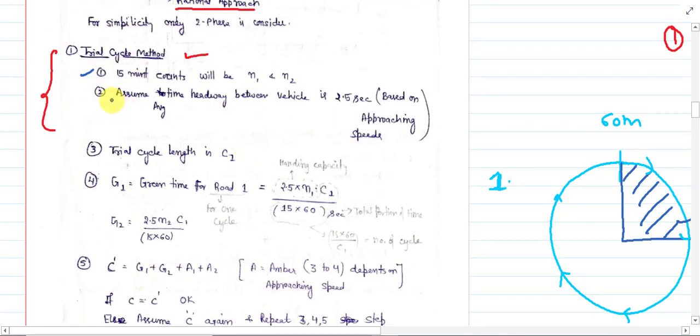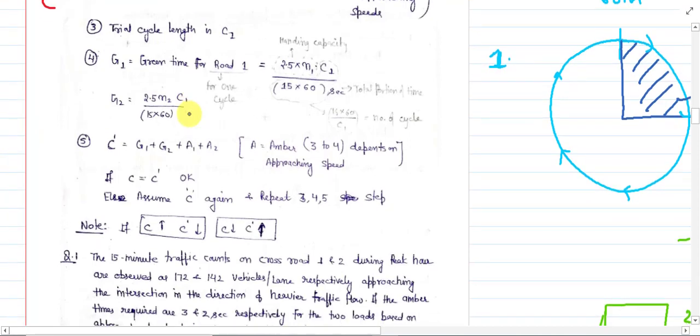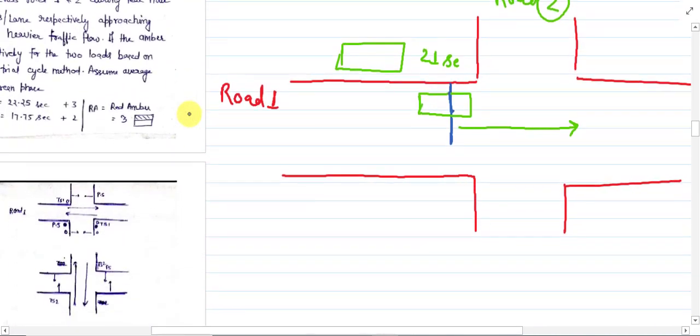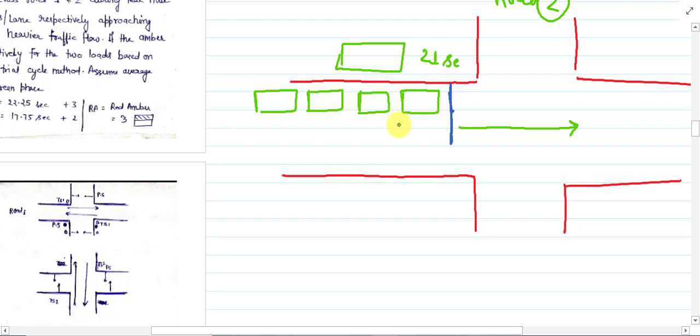After that, we assume the average time headway between vehicles is 2.5 seconds. Okay, what does this second step mean? This indicates that suppose this is road 1. In this road 1, this is vehicle 1, vehicle 2, vehicle 3, like this. These are vehicles approaching the intersection in this direction.